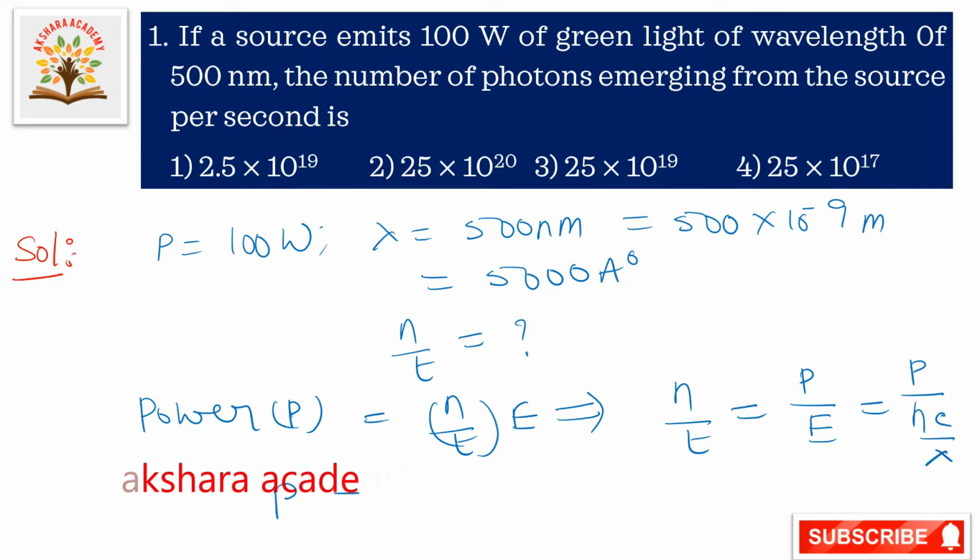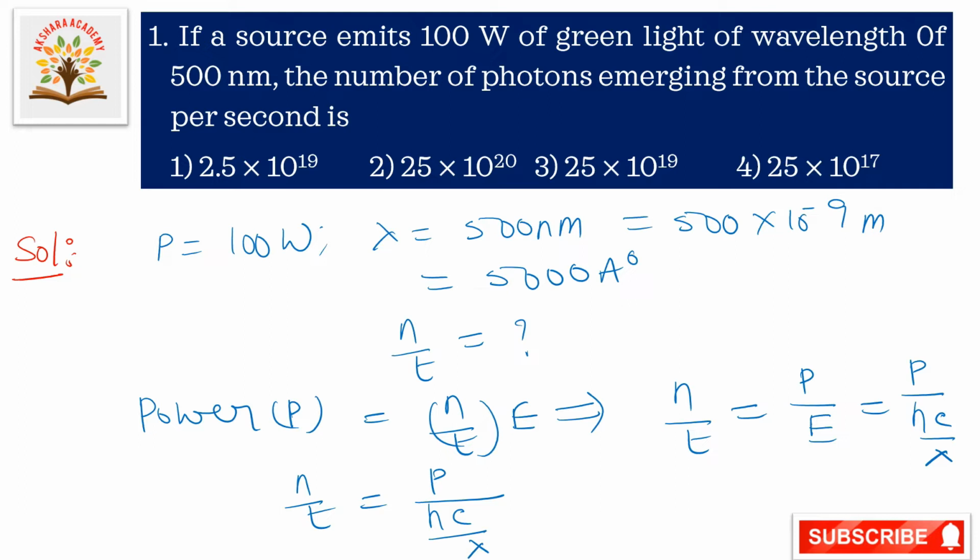Here we can write number of photons emerging from the source per second is equals to N by T is equals to P by hc by lambda.